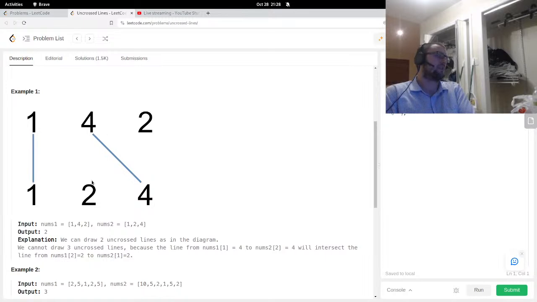Yeah, also because your new line is not going to cross the previous lines, and we're going to try to assign every element left to right. Yeah, necessarily the next indices are going to be larger.